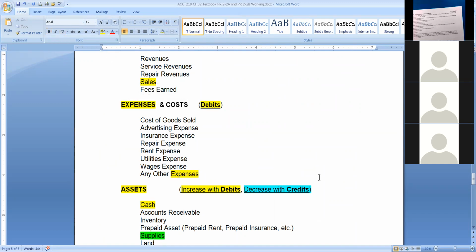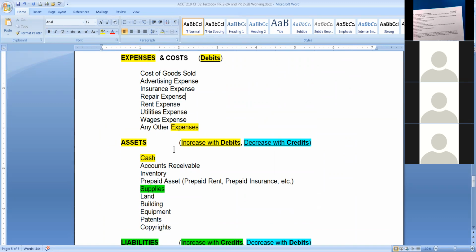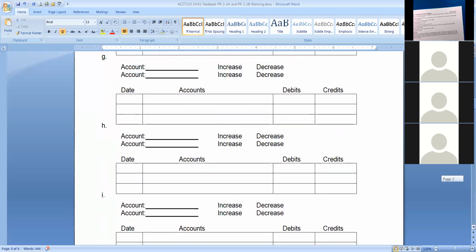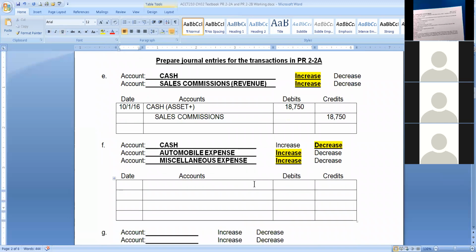So once you know the debits, you know what the credit is. However, we're not here to our cash. Cash is going down. Okay, so cash is going to be the credit. Expenses are always debits. I'm going to put this as two separate entries. You know, two separate lines here. Let's see what it is.